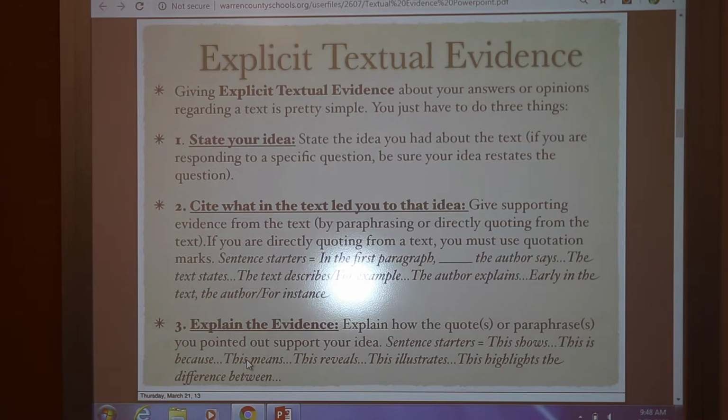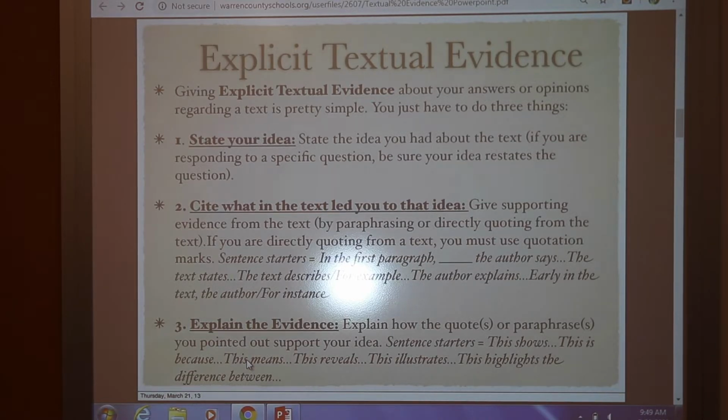Sentence starters: in the first paragraph, for example, or the author says, the text states, the text describes, for example, the author explains, early in the text, the author, or for instance, are all great examples of how to start your sentence. Explaining your evidence is the third.